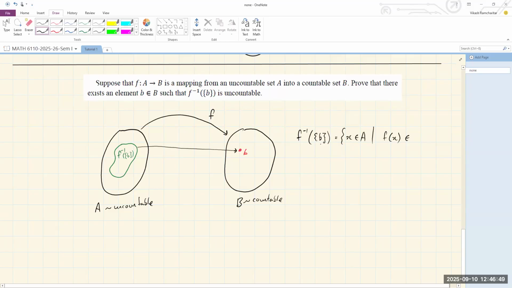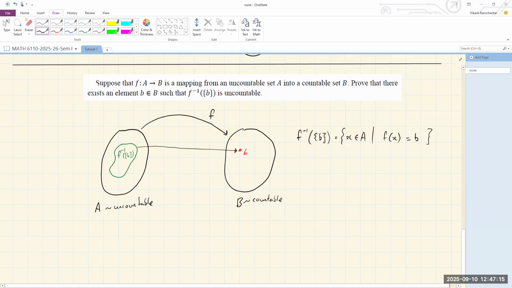But since it's a singleton set, instead of saying f of x belongs to the singleton {b}, the better way would simply be f of x equals b. So it's simply all of the points in the set A such that when you apply f to it, you get b. That's the pre-image.